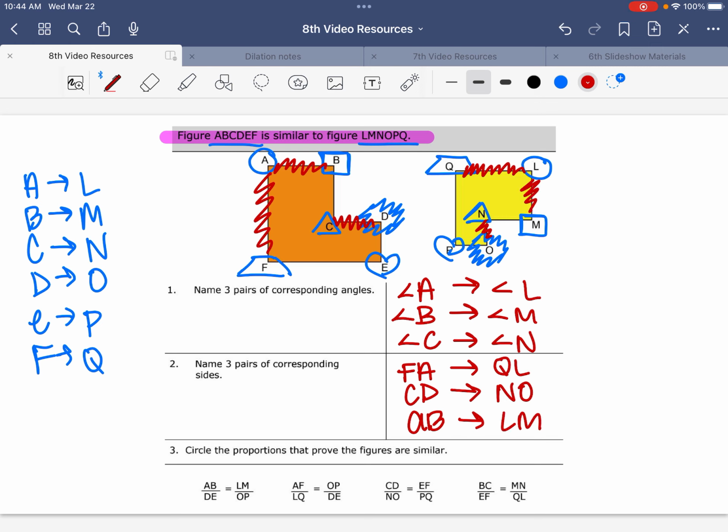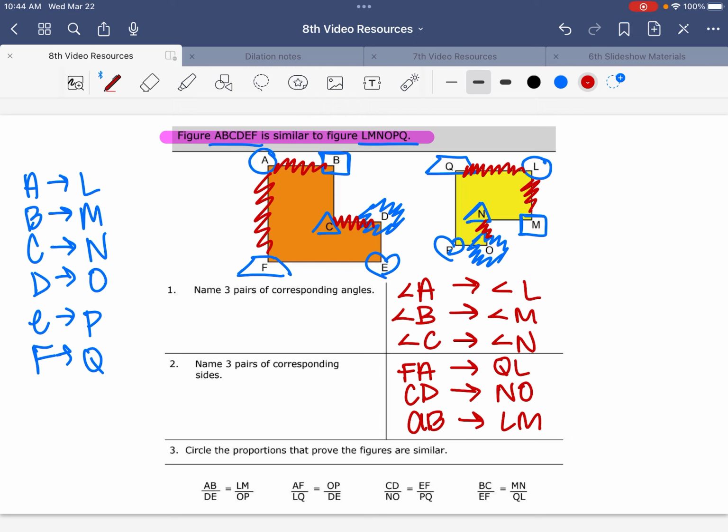Again, at this time, I'm going to recommend that you pause this and go ahead and find the remainder of the corresponding sides. All right, guys, welcome back. So now we're going to look at the proportions, which, again, guys, is a big word, but all it means is equivalent ratios.